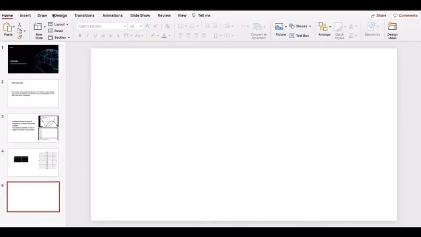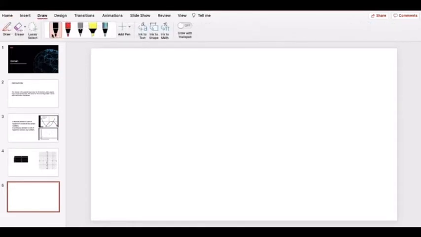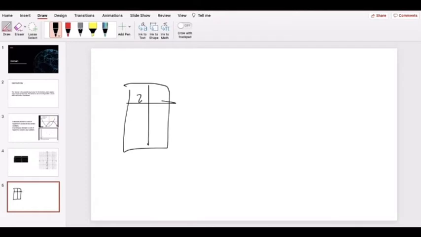For example, let's do an equation. There's an x, which is the domain, and a y, which is the range. The equation is y equals mx plus b.